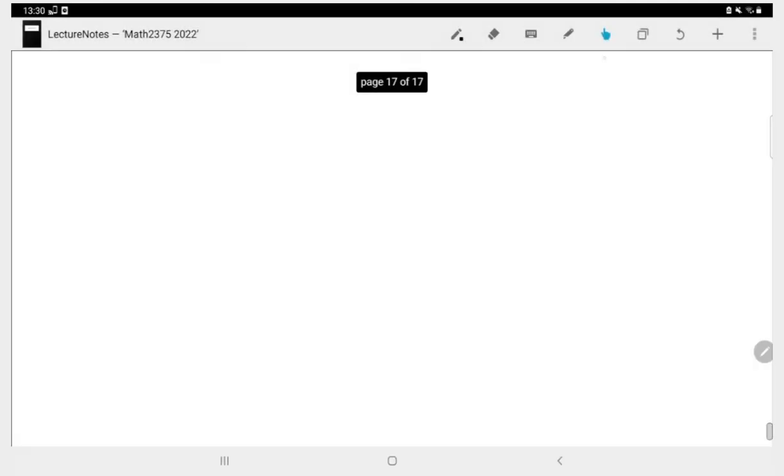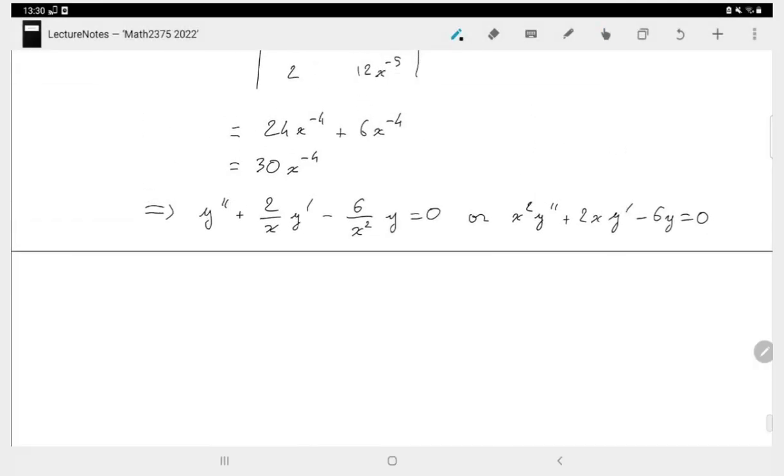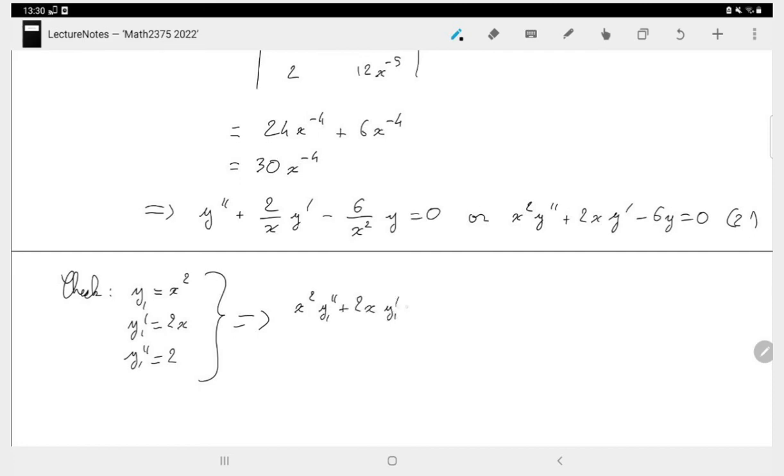Okay, so we need to verify now that our two functions are solutions of this equation. The first one that we want to check is y1 equals x squared. So we get y1 prime is 2x and y1 double prime is 2. So plugging this into our equation, and I'm going to call this equation 2, we get x squared times y1 double prime plus 2x times y1 prime minus 6y1.